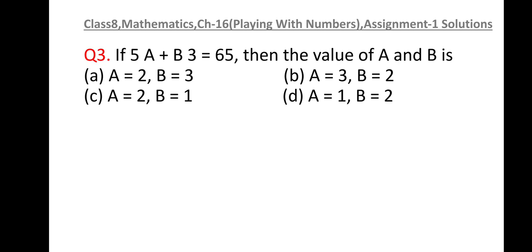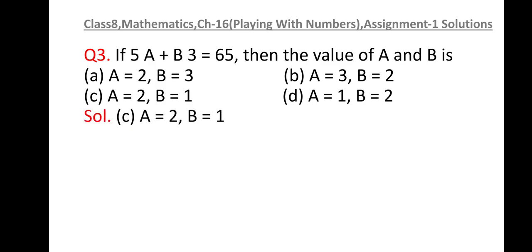Another rule says that each letter in the puzzle must stand for just one digit, and the first digit of a number cannot be 0. Using these 2 rules, we need to find the values of a and b.